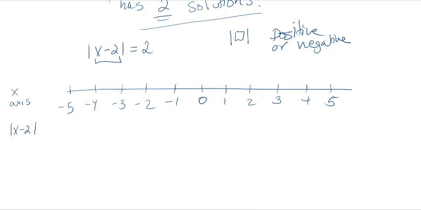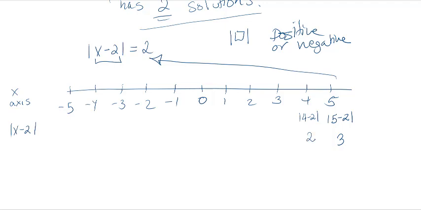Let's start at the top at positive 5, where we're looking at the absolute value of 5 minus 2. We've just substituted 5 inside this term x minus 2. So 5 minus 2 is 3, and the absolute value of 3 is 3. Here we have 4 minus 2, and the absolute value of 4 minus 2 is the absolute value of 2, which is just 2.